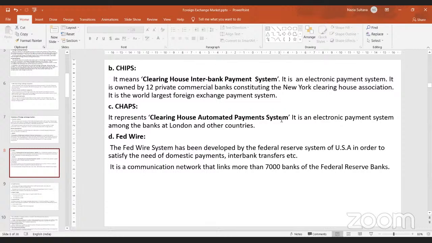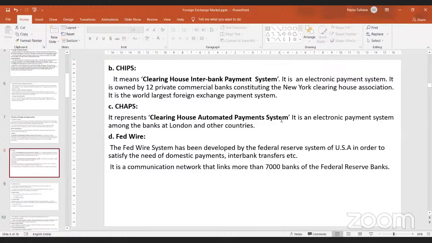Then you have FedWire. FedWire is a system which was developed by the Federal Reserve System in the USA, because in the USA the entire monetary system is controlled by the Federal Reserve and the banks associated with it. This FedWire does the clearances.